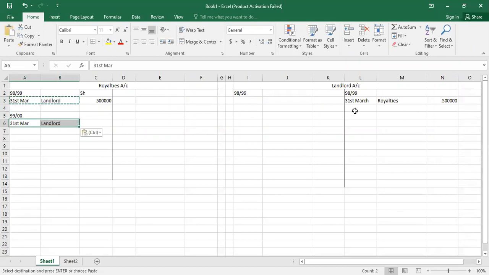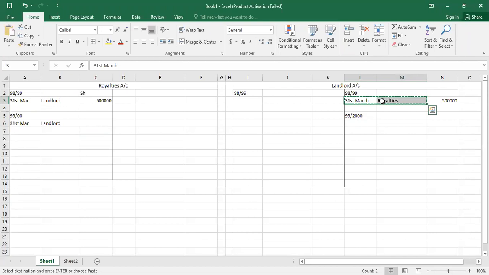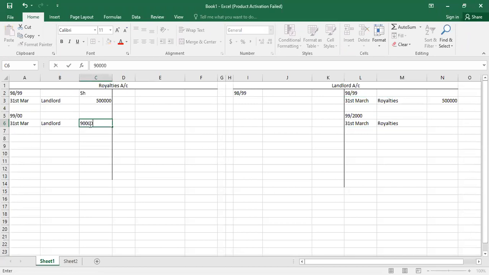What's the amount? The subsequent year was 360 tons multiplied by 2,500, 900,000. So this will give us 900,000.